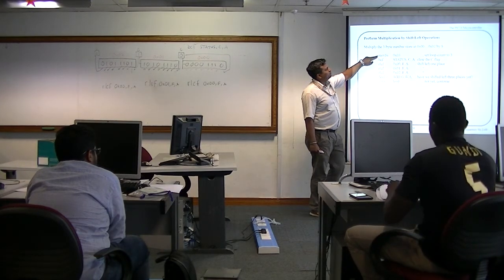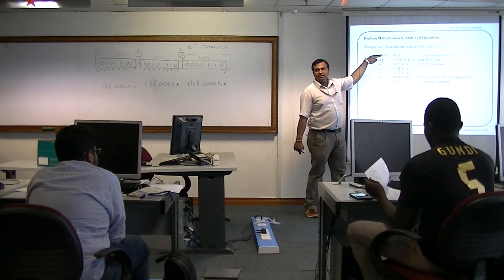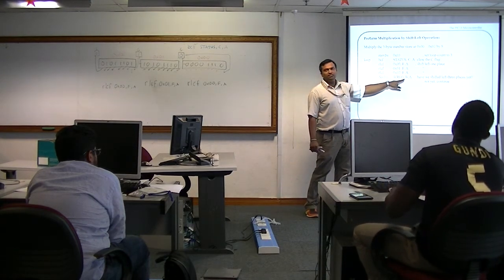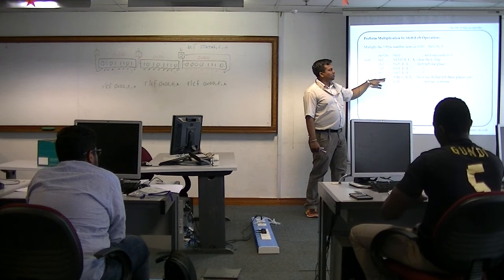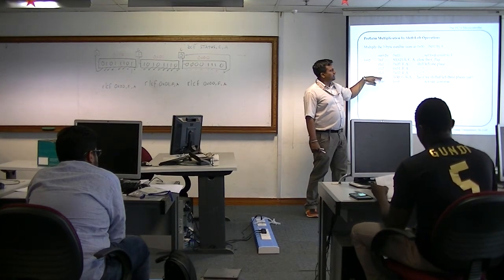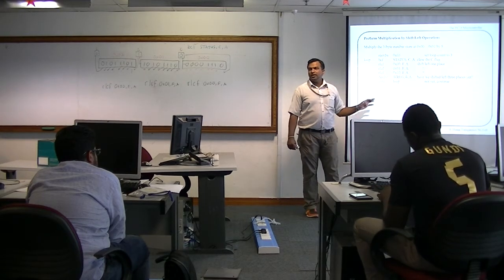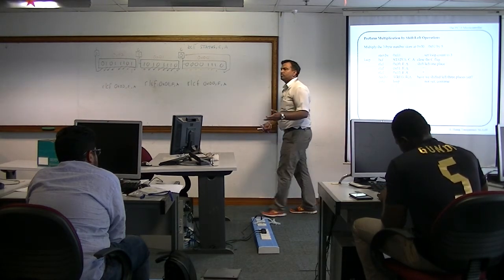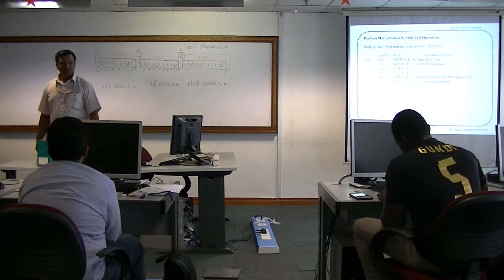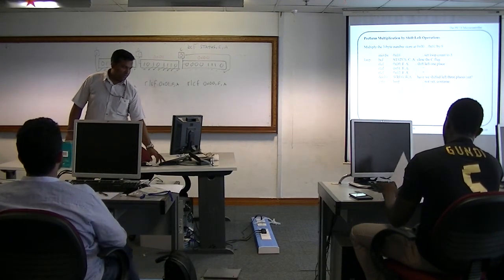So they move 3 into the working register, and then decrease the content of the working register. As long as it's not 0, it will perform the loop. Once you perform 3 times, it will go out of the loop. So at the end, you'll have multiplication by 8. Is it clear?